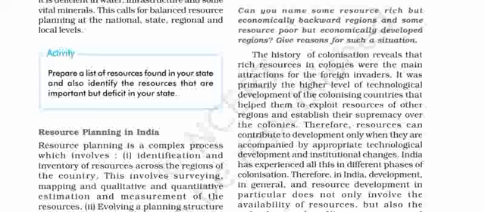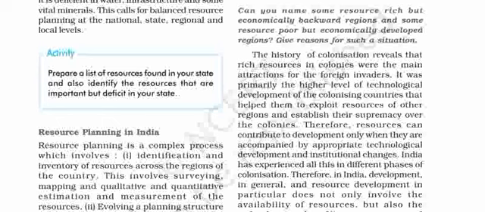Therefore, resources can contribute to development only when they are accompanied by appropriate technological development and institutional changes. India has experienced all this in different phases of colonization.